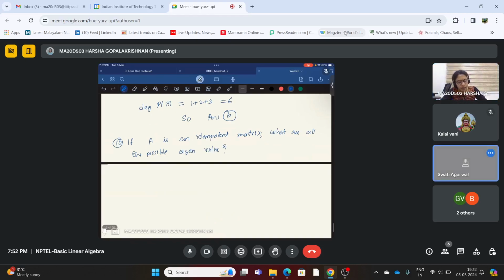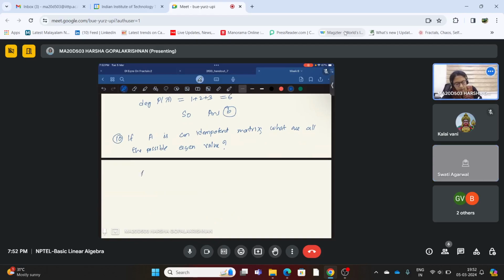Okay. A is idempotent if A square equal to A. If the square of the matrix is the same matrix, then we will say it is idempotent. Okay, so this is the only definition we are using in the question. So the question is what are all the possible eigenvalues for this matrix?